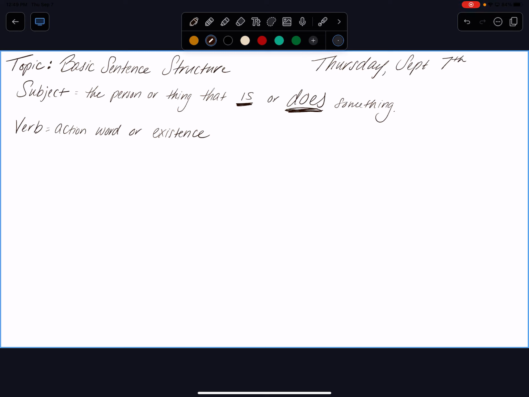Now, in terms of verbs, when you see them, actually, don't worry about that. Okay, another vocab term that you should get comfortable with is linking verb.